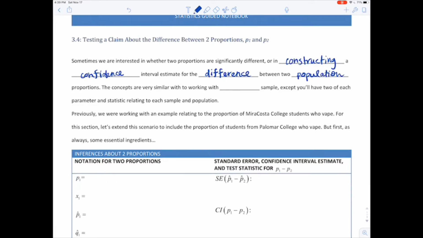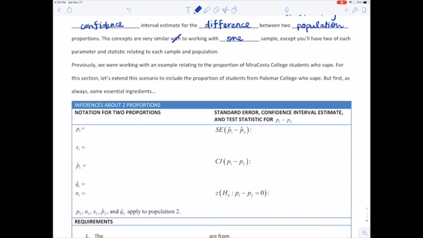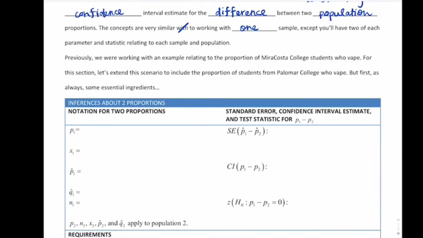The concepts are very similar to working with one sample, except that you'll have two of each parameter and statistic relating to each sample and population.